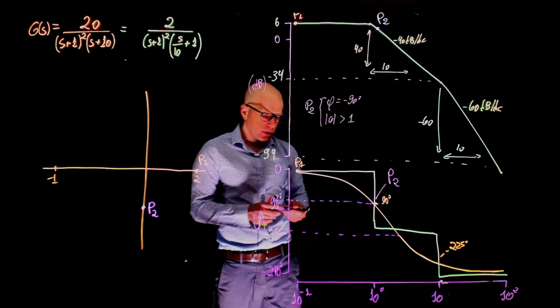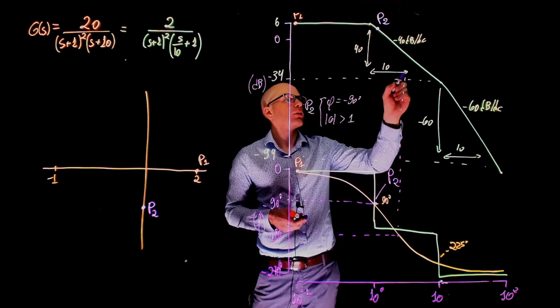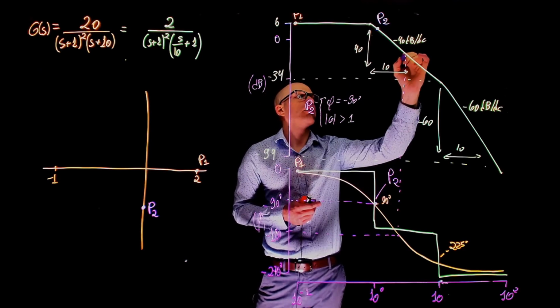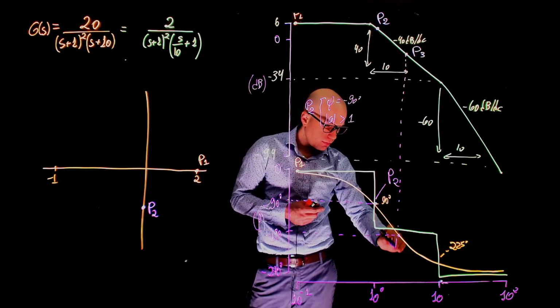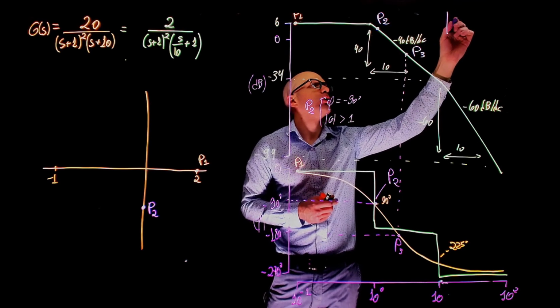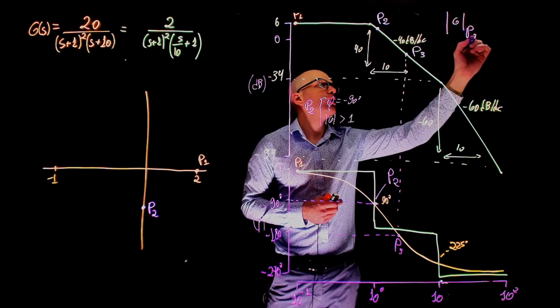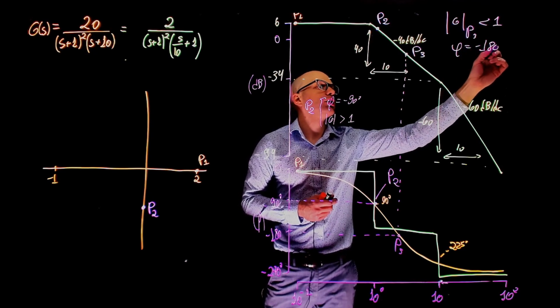So at this point here, let's look at a rough estimate of the magnitude. The magnitude at this point, which we're going to call P3, is smaller than 1. The magnitude of G at P3 is smaller than 1, and the phase is negative 180 degrees.